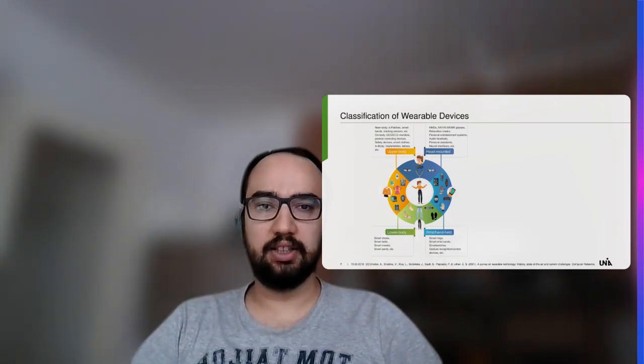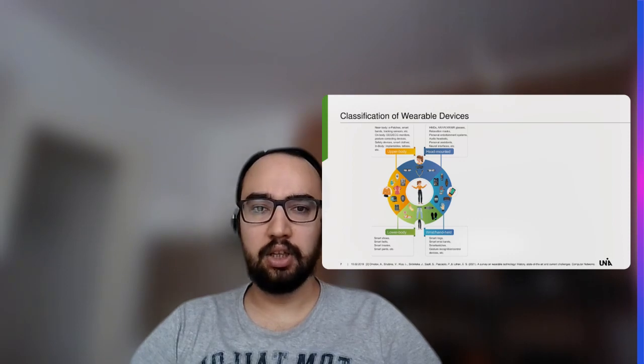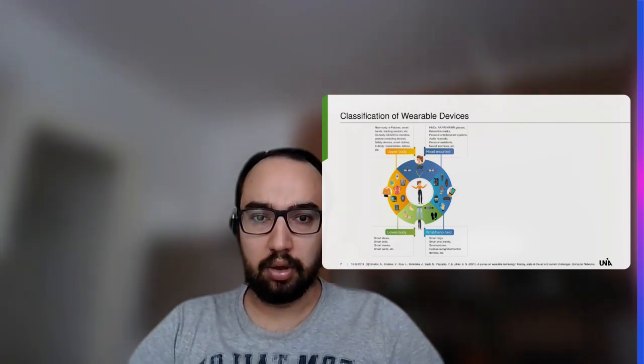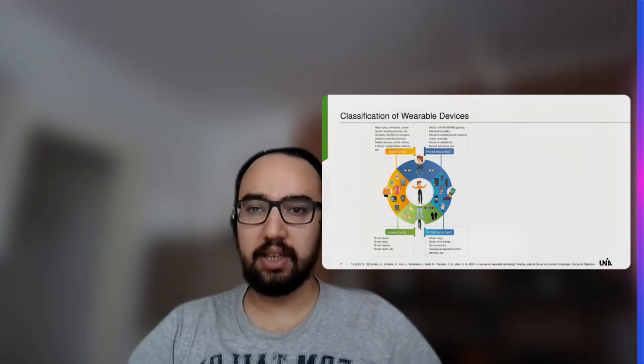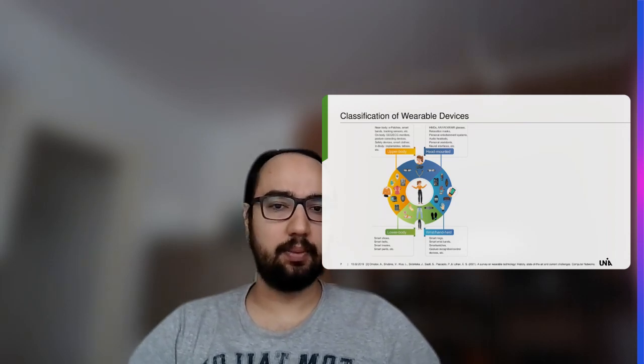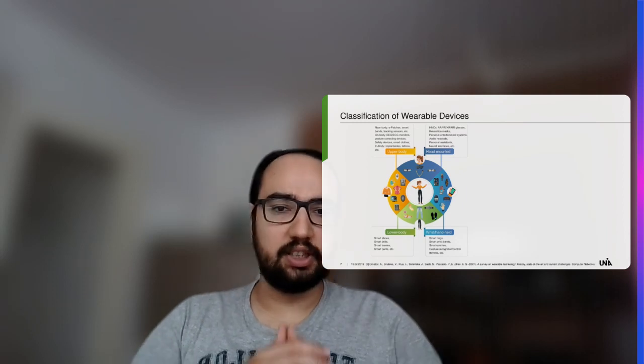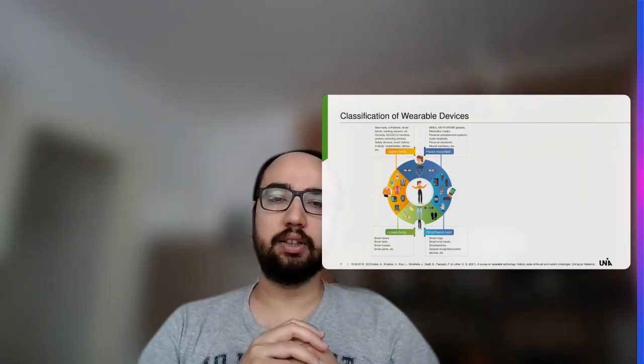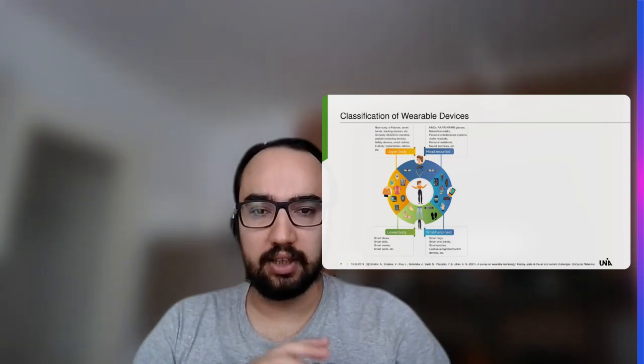They can be given as examples of head mounted devices. Lower body devices are actually smart shoes, smart pants, smart belts. They can be given as examples. Wristband devices are actually smart rings, smart watches, and smart bands. These are the wrist handheld devices.